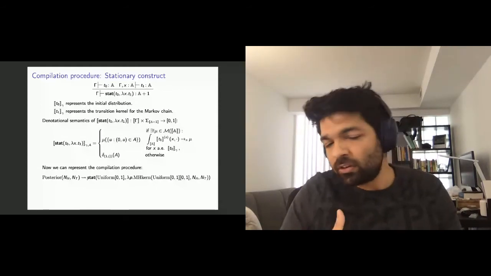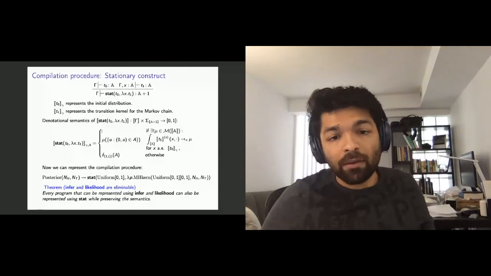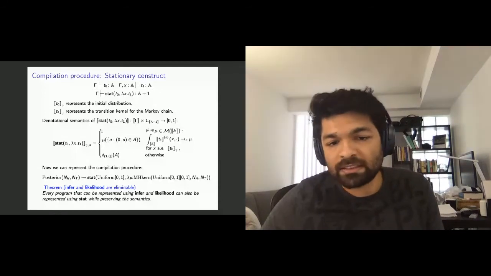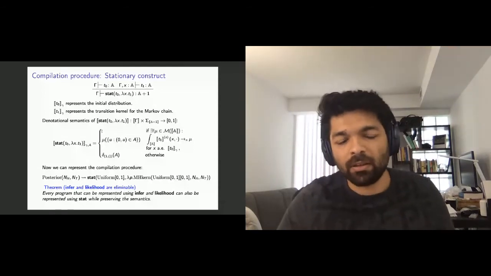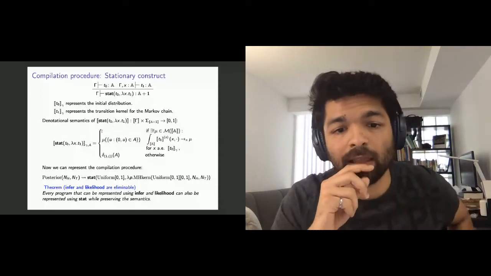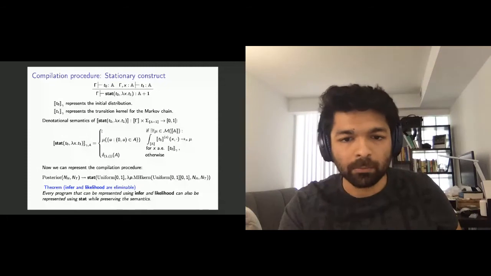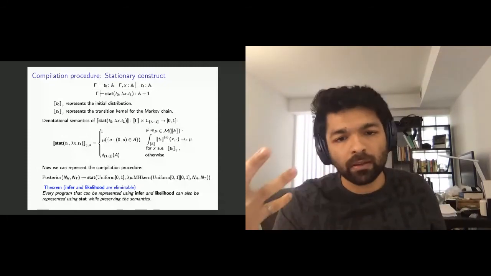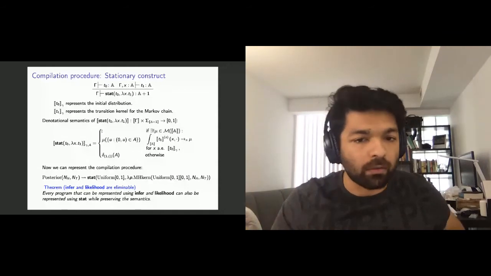And it turns out this procedure is very general. So for every program that can be represented using infer and likelihood, it can also be represented using this stat construct. So essentially, in programming languages terms, the infer and likelihood constructs are eliminable. We can eliminate them from the language while still preserving the representation power of this language.